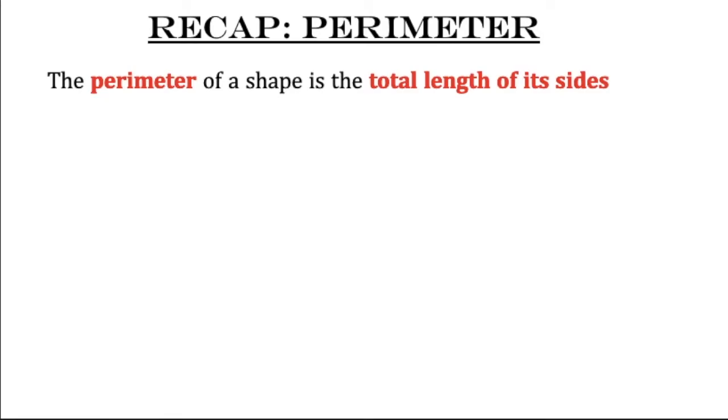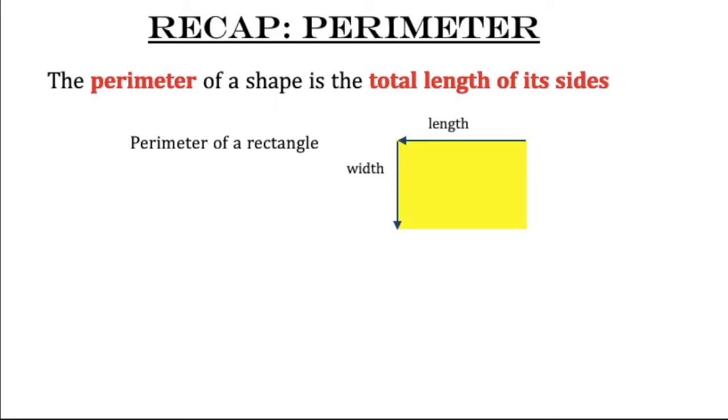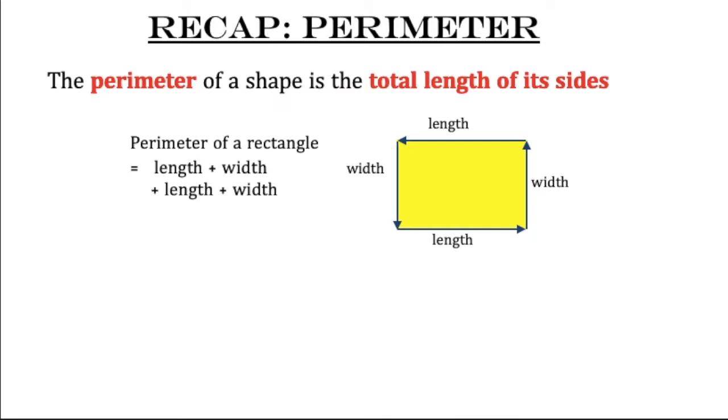Moving on, recapping now on the perimeter. We know that the perimeter is the distance around the shape. So for the perimeter of a rectangle, you have a length, the width, the length, and another width. You add them all together, and they make up a distance around that flat shape.